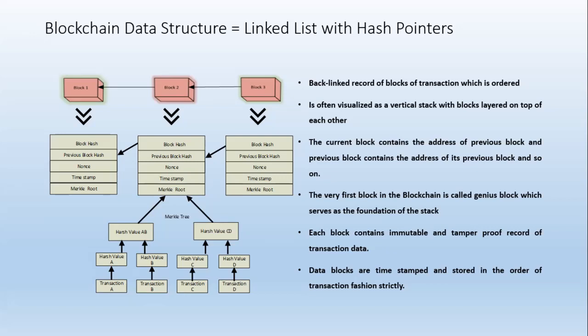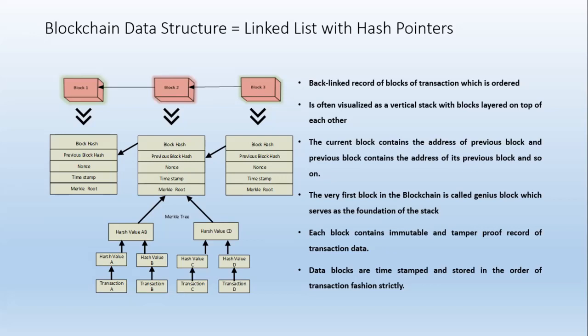As you can see from this diagram, the current block contains the address of the previous block, and the previous block contains the address of its previous block, and so on. That's how it forms a chain-like structure. The very first block in the chain is called the genesis block, which serves as the foundation of all other blocks in the stack.